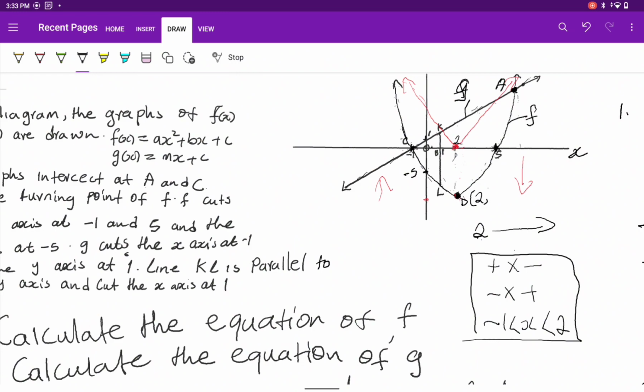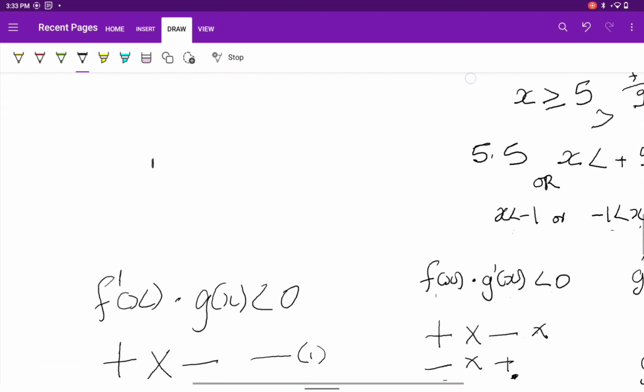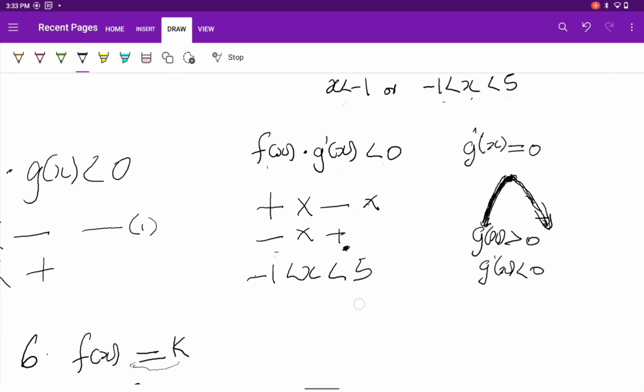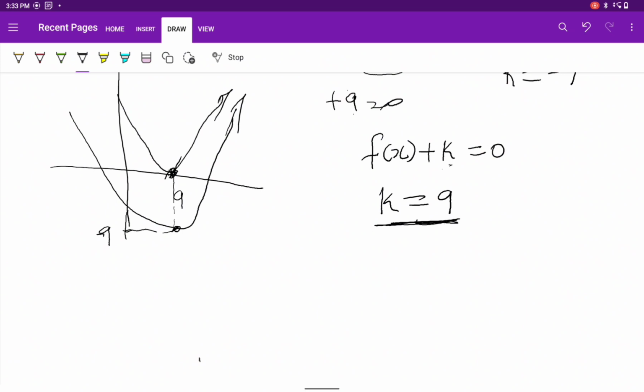So in other words, the answer for our question, the k value, because we wanted k, for us to get 2 roots, k must be something between -9 and -5. Remember, when 9 comes this side, it takes the graph up.